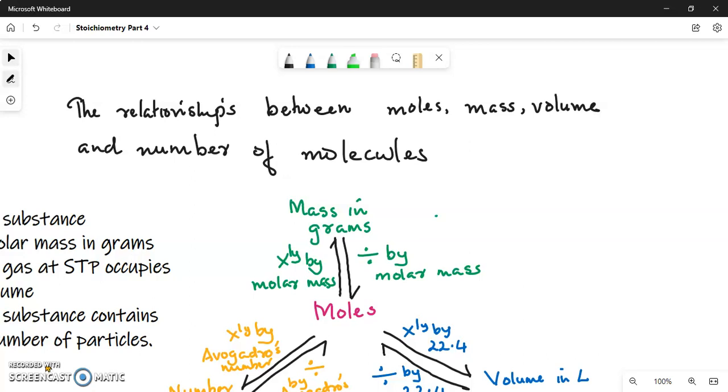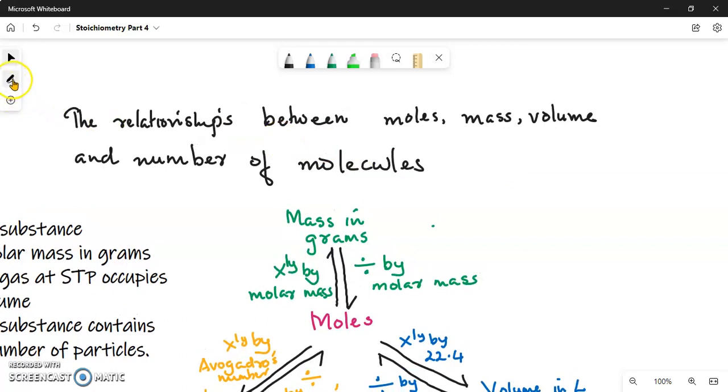moles. For example, in the balanced chemical equation, let us say aluminium solid reacting with sulfuric acid to give aluminium sulfate and hydrogen gas.